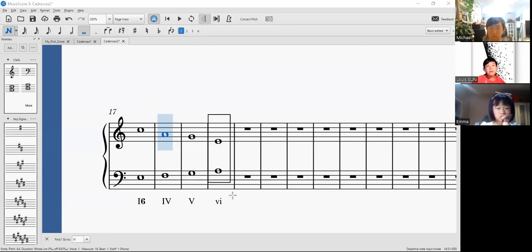Notice how the distance between the bass and the soprano is no more than a fifth. That means we're going to have to squeeze the tenor and alto into that little fifth gap. And we definitely could do that, but that's going to make for a very tight voicing.